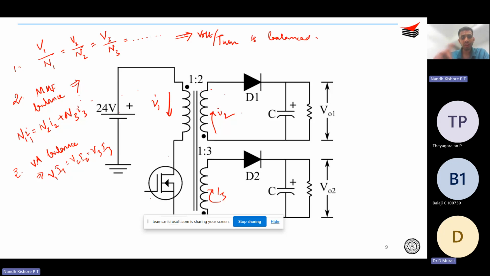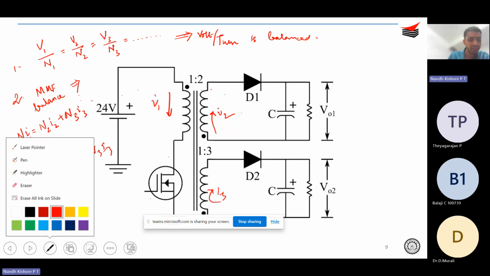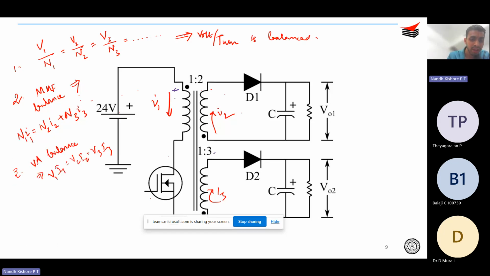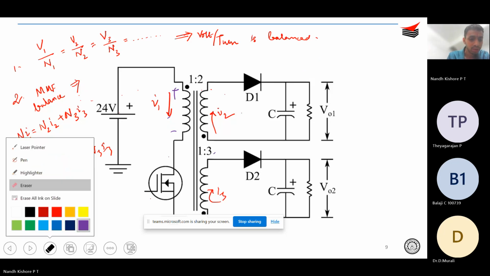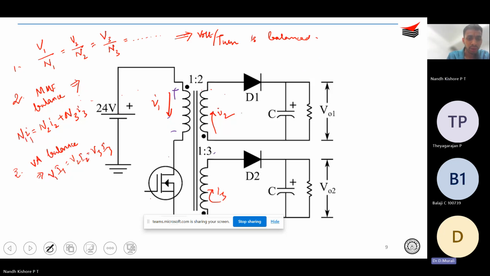So with this information, you can understand that whatever is the reflected voltage in the primary side, Vp at any point of time, V primary will be equal to what? Let's call this V1, V2 and V3 for convenience. So your V1 over here, this is V2 and this is V3.